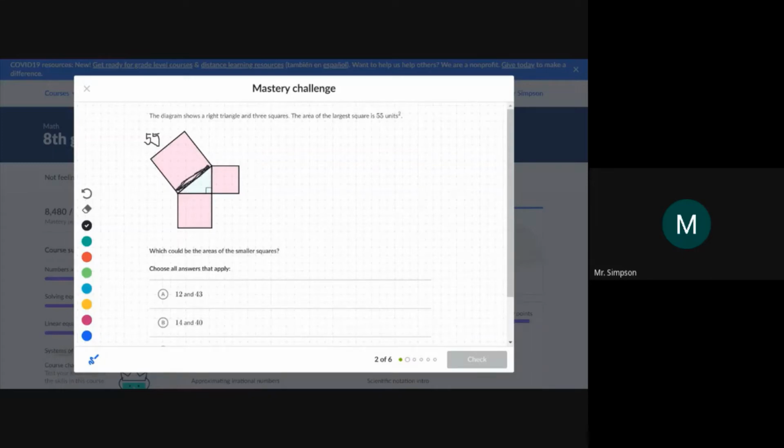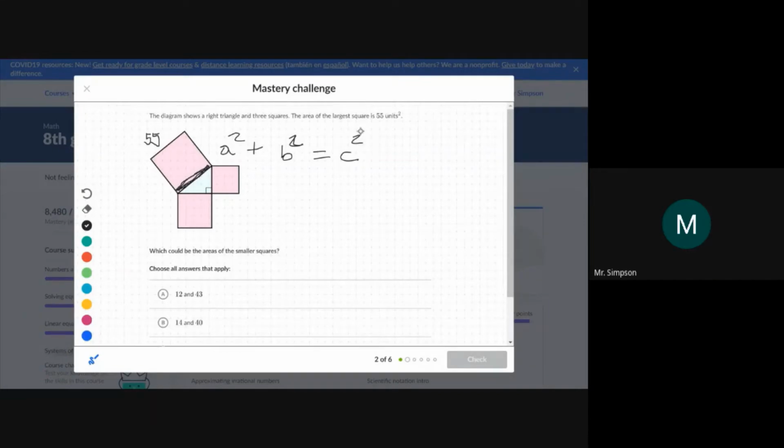Now the best way for you to answer this is to remember that when you're working with triangles, you're thinking about the Pythagorean theorem. The Pythagorean theorem says this: A square plus B square equals C square.